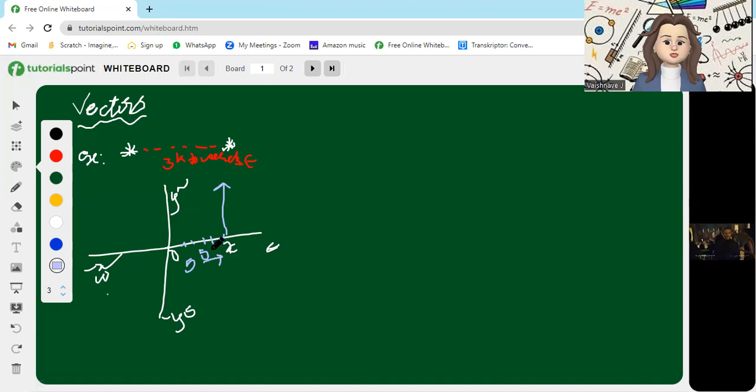You write it as 5x. And then towards north, 7 units: 3, 4, 5, 6, 7. 7 units towards north means 7y.